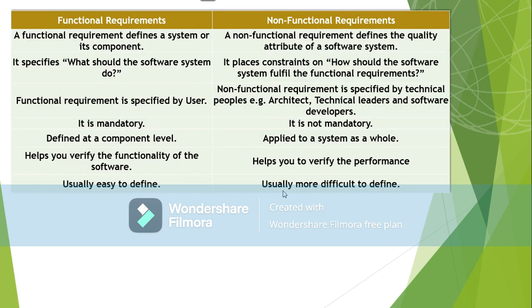Then we talk about the functional and the non-functional requirements. Requirements are basically categorized into two segments. One is functional, and the second is non-functional requirements. Functional requirements are basically the functions that the developer must develop, something that you will see.